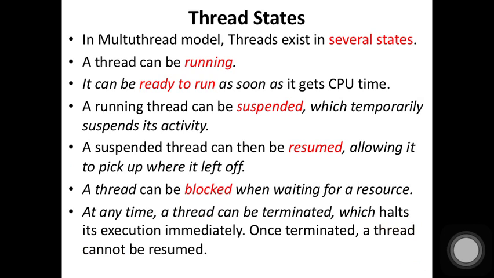Once the CPU is free, idle, it enters the running state. The next one is the blocked state, where it is waiting for certain resources which are already occupied by another thread. At any time, a thread can be terminated, which halts its execution immediately, and once terminated, a thread cannot be resumed again.